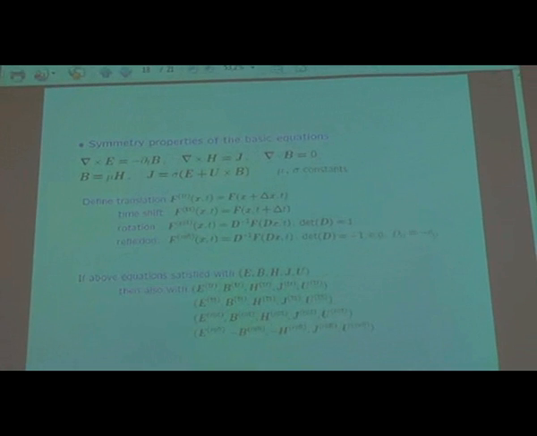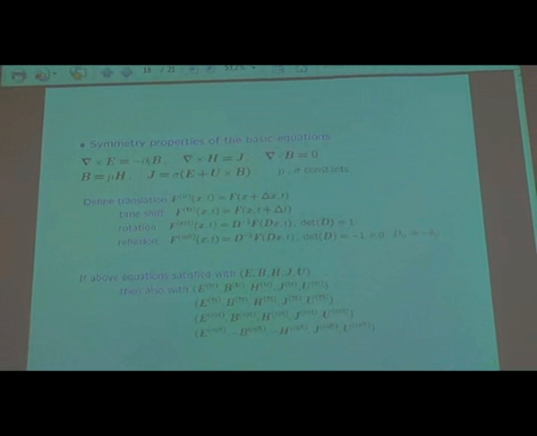You should be aware that you can define the curl operation in a coordinate independent way on the basis of Stokes' law, Stokes' relation.